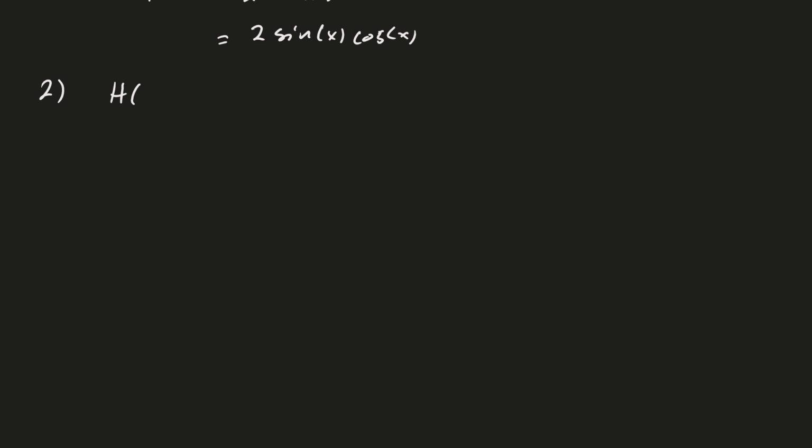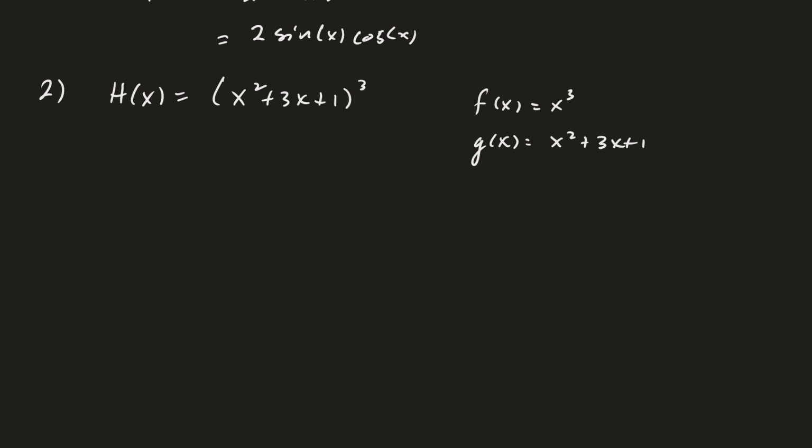h of x equals x squared plus 3x plus 1, cubed. Our f of x was x cubed, and our g of x was x squared plus 3x plus 1. So f prime at g of x is our derivative evaluated at g of x.